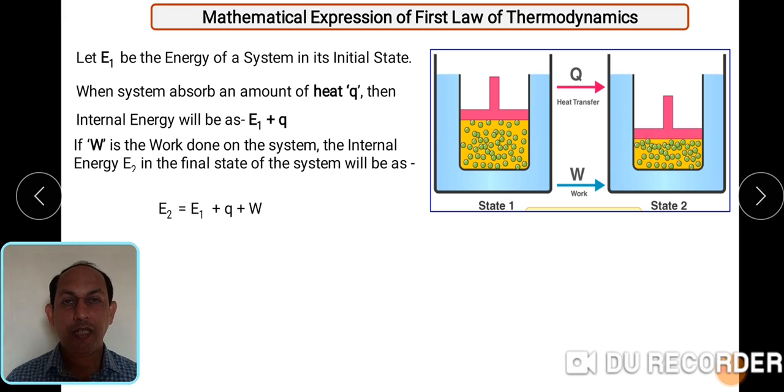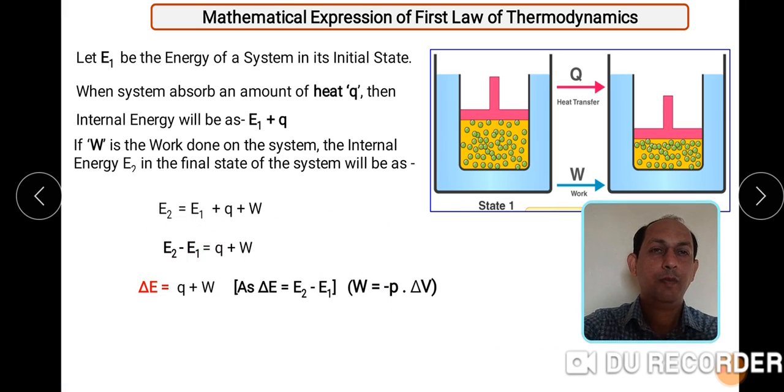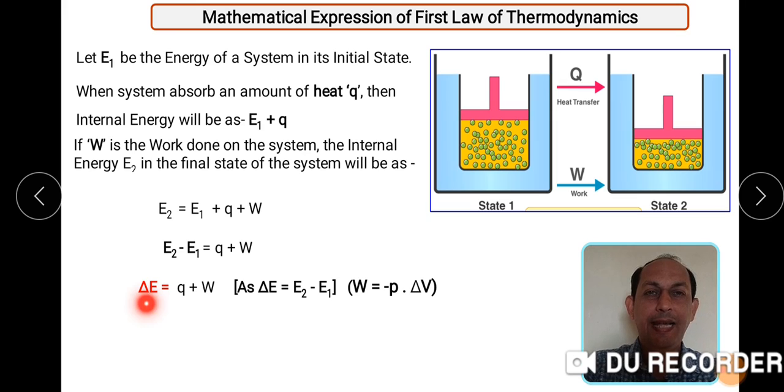E2 is nothing but the internal energy in the final step. अगर ये जो इक्वेशन है इसको हम लोग ये टर्म राइट साइड से लेफ्ट साइड लेके जाएंगे तो क्या होगा, इट विल बिकम E2 माइनस E1 इक्वल टू Q प्लस W. बट वी नो दैट दिस पर्टिकुलर टर्म E2 माइनस E1 we can write in this format, डेल्टा E. डेल्टा इज नथिंग बट व्हाट, चेंज इन इंटरनल एनर्जी, फाइनल स्टेट माइनस इनिशियल स्टेट.